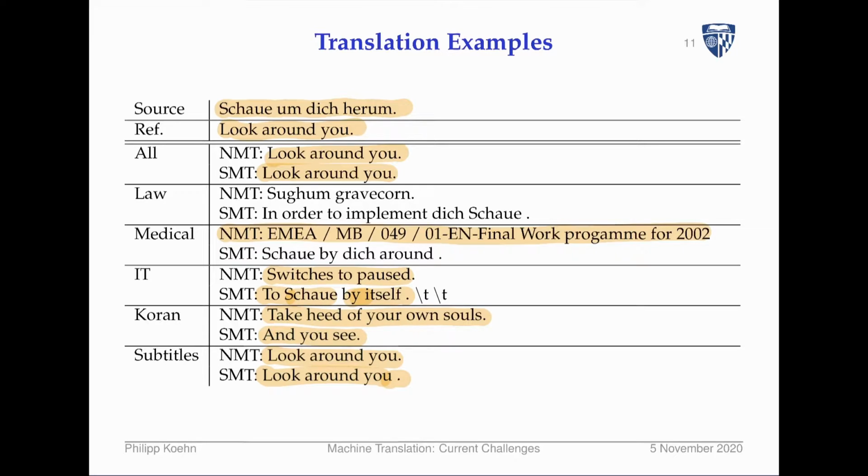It has absolutely no relation with the input, while for the statistical system, yes, there are two words that are not translated, but the other words are actually fine. If they had been translated correctly, this would have been fine. The words, although not translated, are in the right spots.